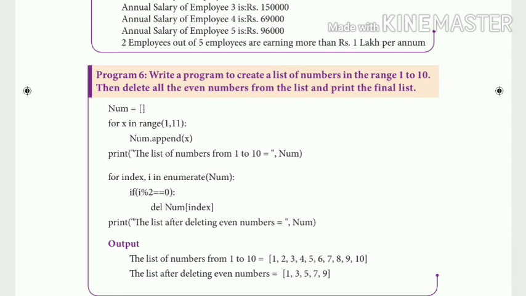If it is, then it is deleted. If not, the element is left. So even numbers will be deleted and the odd numbers will be present in the list.